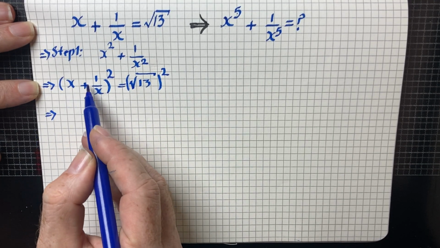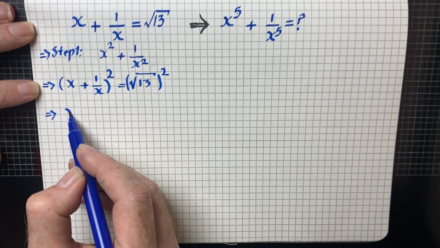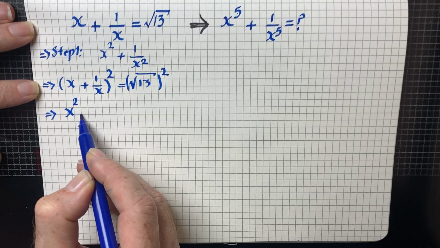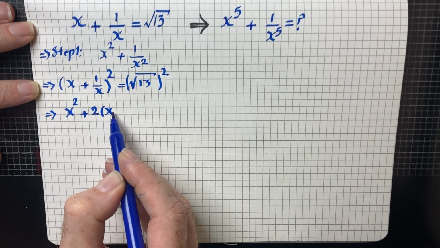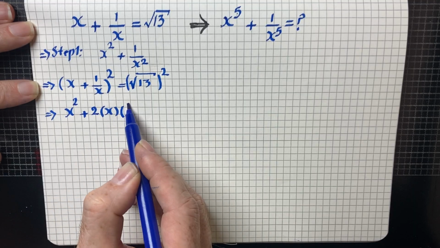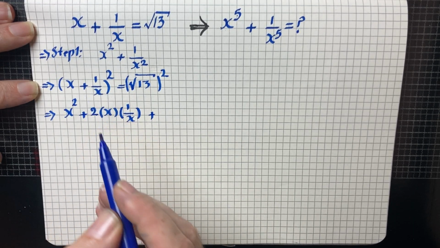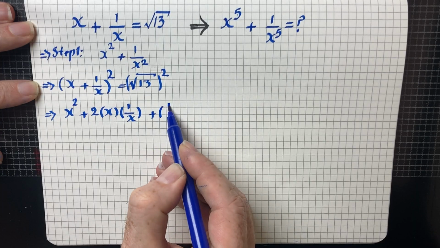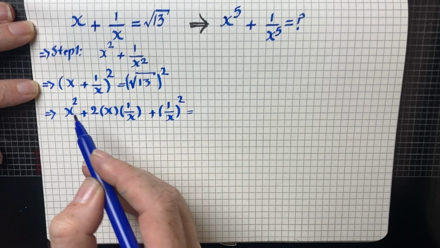Next, x plus 1 over x to the power of 2 is going to be first term to the power of 2, which means x raised to the power of 2, plus twice of the product of the first term, here x, and second term 1 over x, plus second term to the power of 2, which means 1 over x to the power of 2. This is our left hand side.